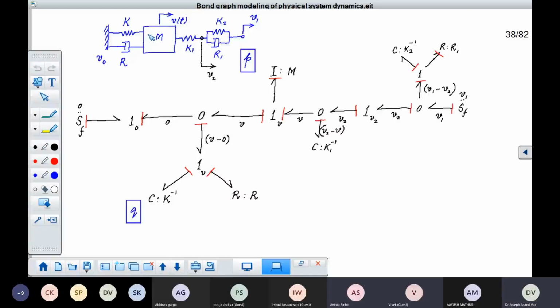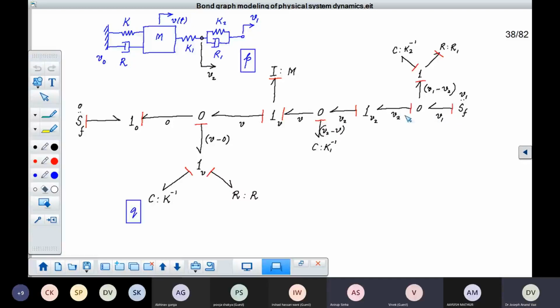You see, this mass has the velocity v. Over here, this C, the spring, and this damper have the same relative velocity across their two ends. The velocity of this end is represented by this source. The velocity of this end is given by this one junction, which represents V2.